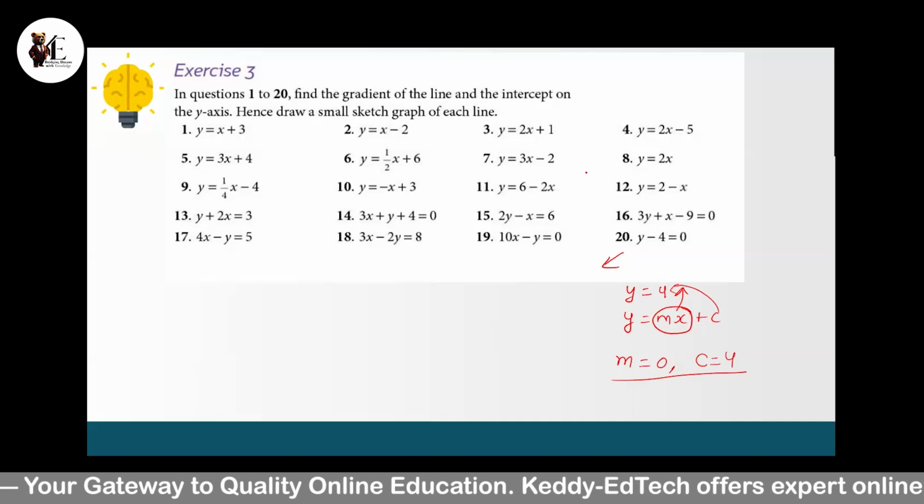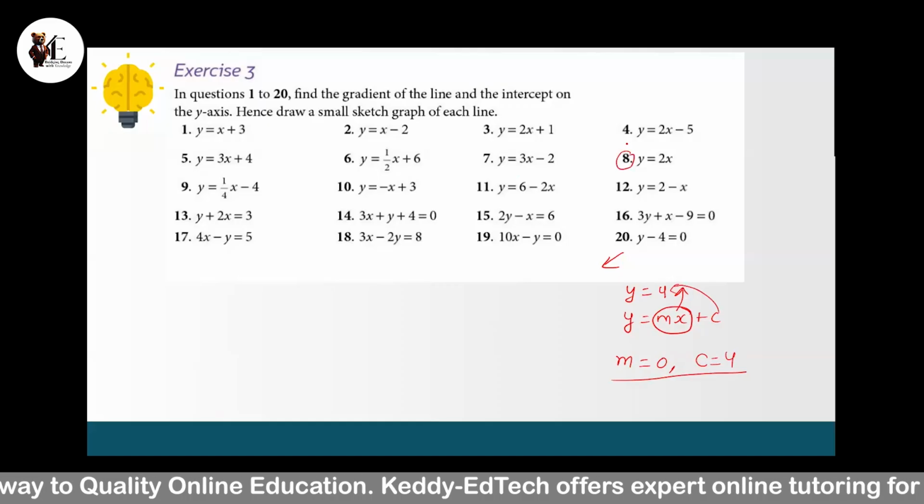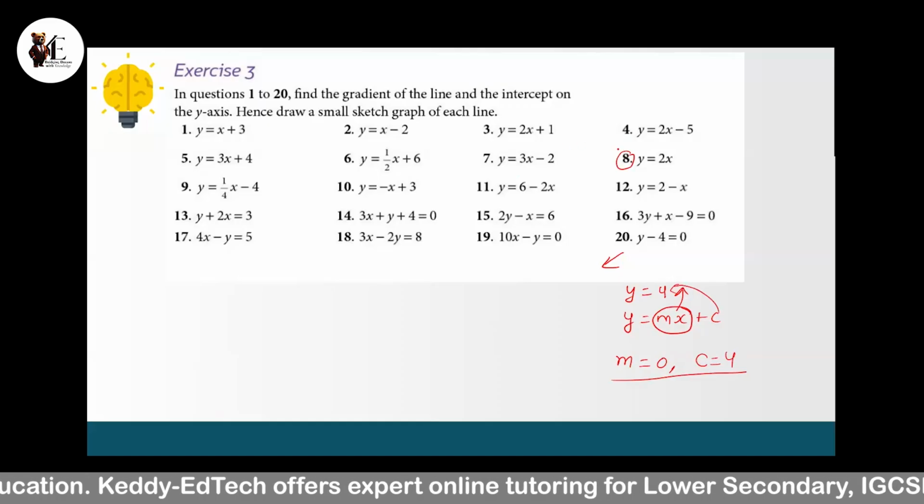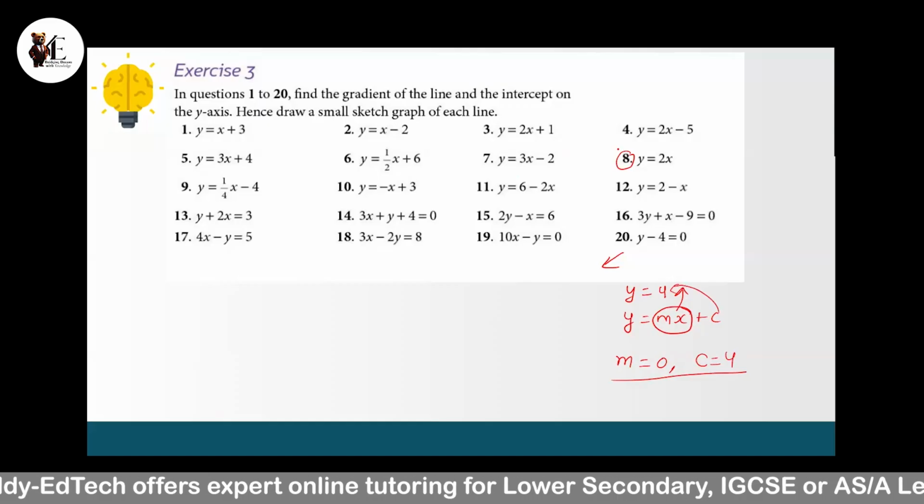Okay, and have you done this one also, question number 8? No. Okay, please do this now and tell me the values.